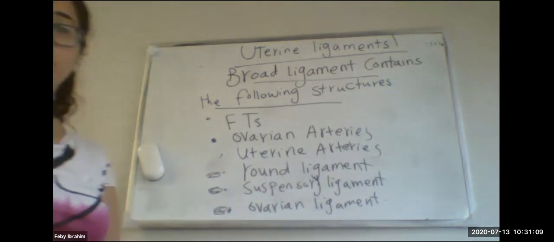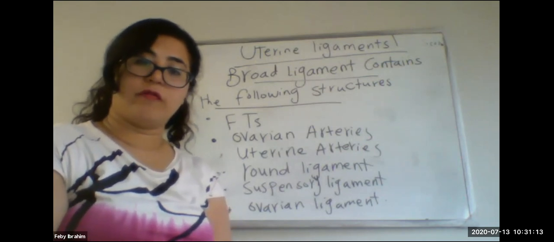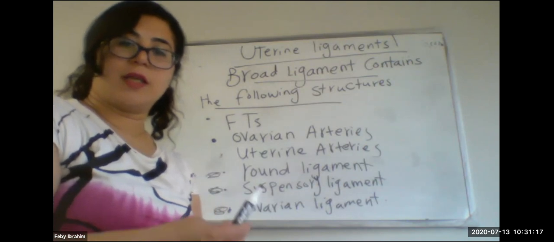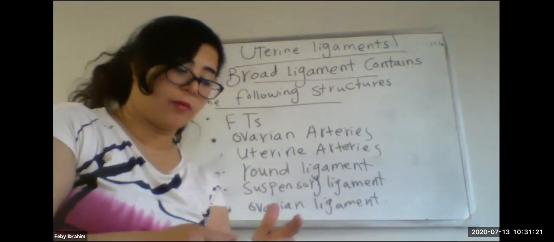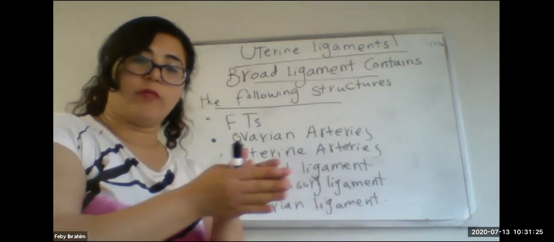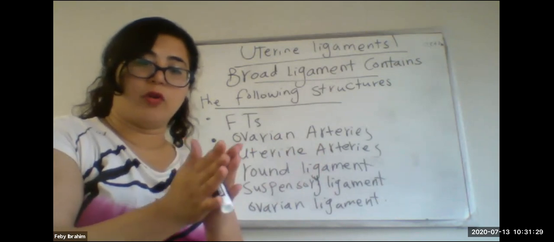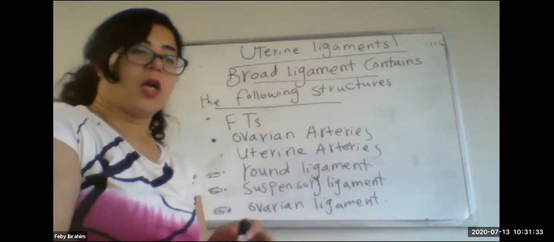But again, if you remember, we mentioned ligaments are a house for vessels and nerves. So you're gonna see, between the two folds of peritoneum, which is the broad ligament, all these structures.